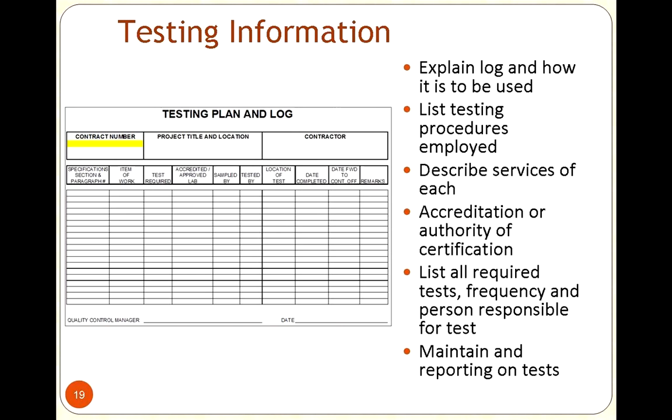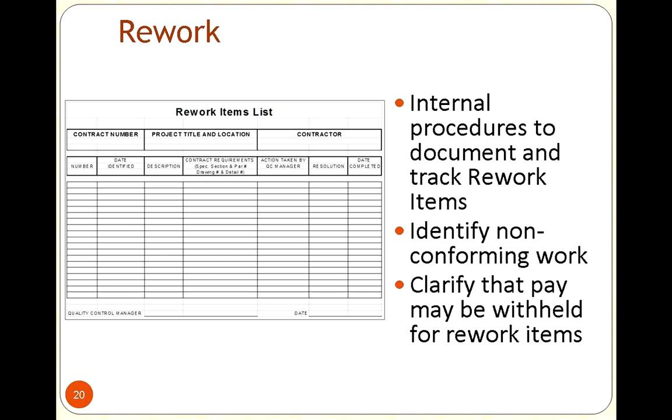But also, the thing that you're trying to document here is who was responsible for that test. If you can prove that you've done your due diligence, it's nobody in the district that's been working with it, so it's taking that onus and that risk off of you and placing it where it needs to be placed. So always keep a document of any testing that happens along the way.